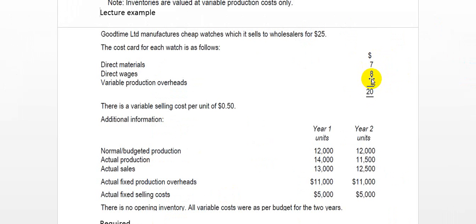Which includes the material, the wages, and the variable production overheads. Note that the fixed overhead cost per unit is not included because we're using marginal costing.